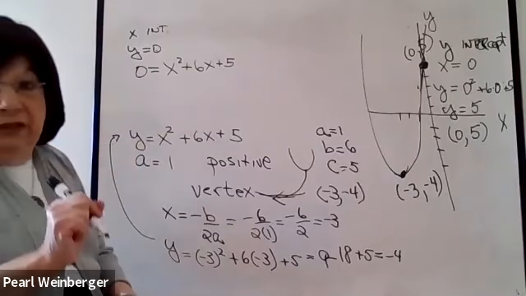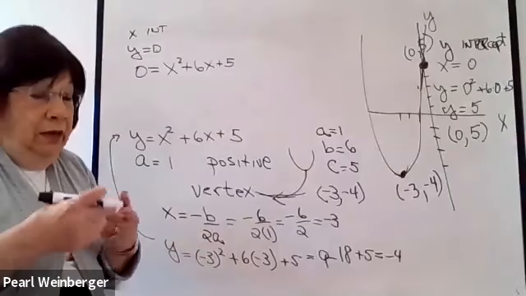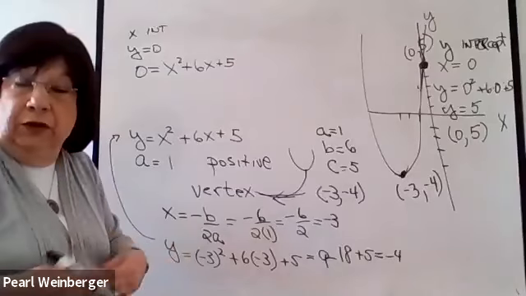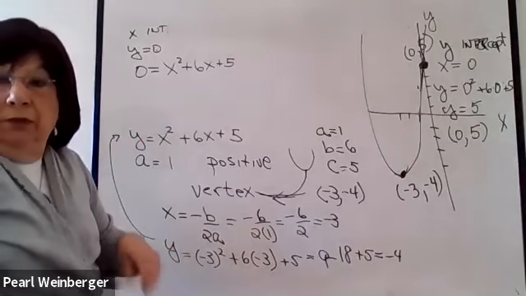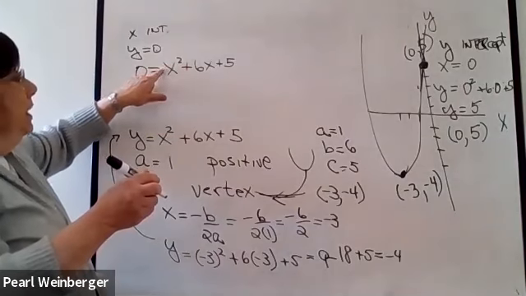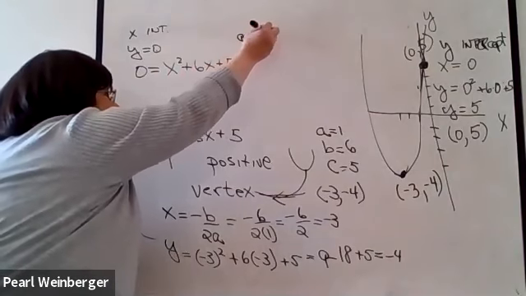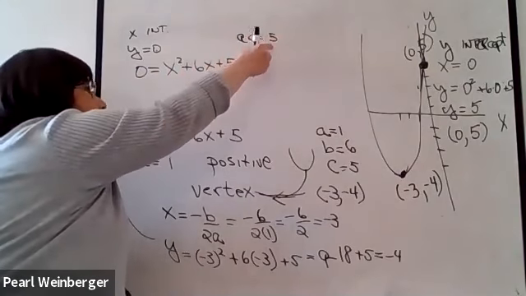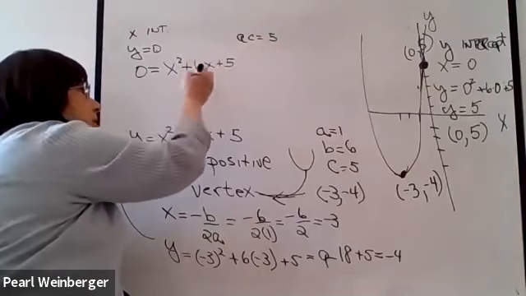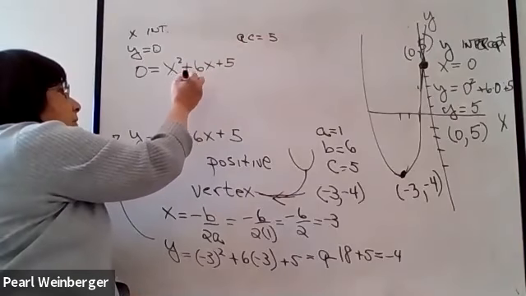And this one we probably can solve by factoring. But remember, we can also use the quadratic formula, or sometimes we can even use the completing the square method. But this looks like it's factorable because my AC is 5. It's positive, so we need two numbers that multiply to 5 and add to 6. So that would have to be 1 and 5.